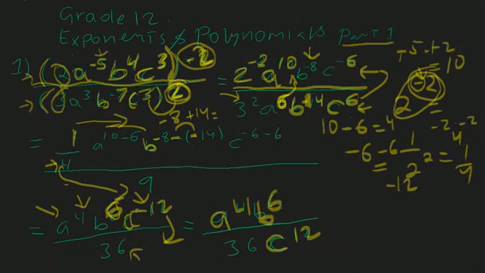So the final answer will be this: a raised to the power of 4, b raised to the power of 6, 36 after you multiply 4 and 9, c to the power of 12. This is the final answer, and this is the 12th grade polynomial, and I will be showing a couple more.